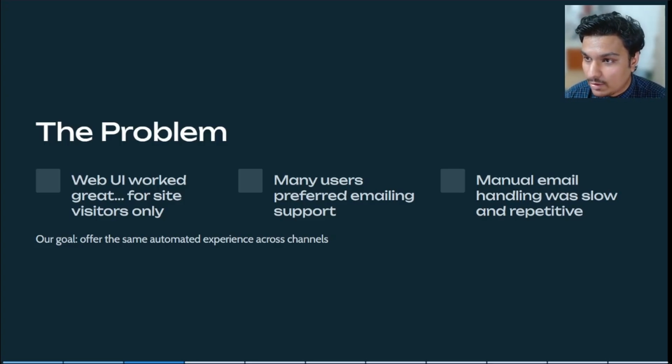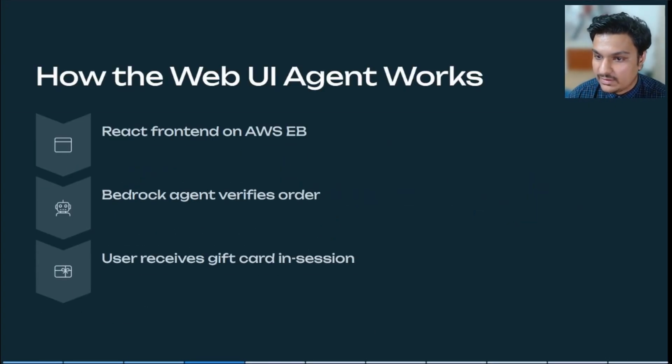And the manual email counterpart for email support, according to industry averages, was extremely slow, around 12 to 24 hours. So our goal was to provide fast, similar automated responses as the web-based model, but across different channels, email in this case.